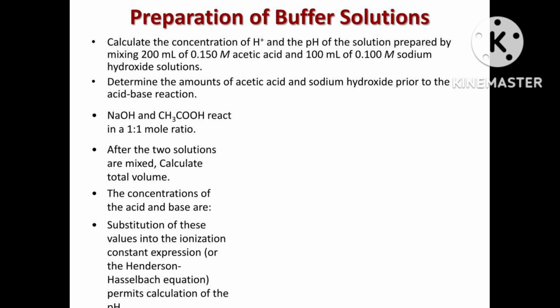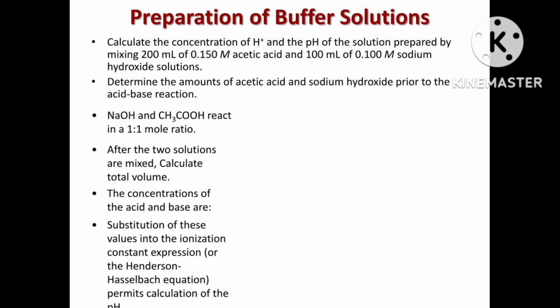If you mix them in equal molar concentration, you will get a buffer solution.